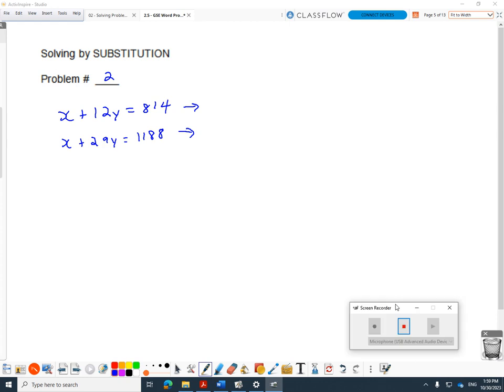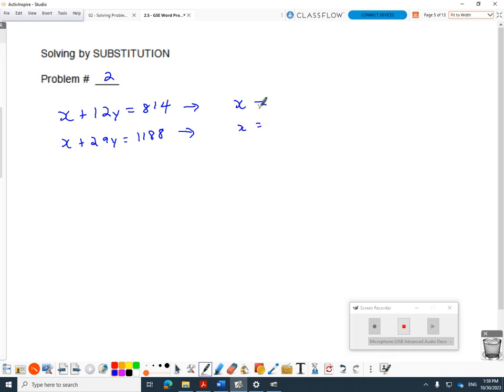How do we want the equations to look for substitution? X equals, right? Long, awkward pause there. We want these both to be x equals.